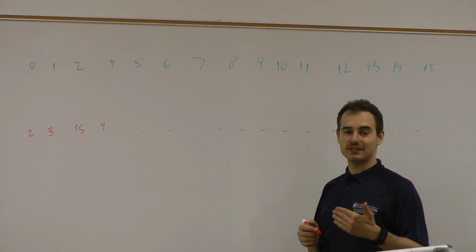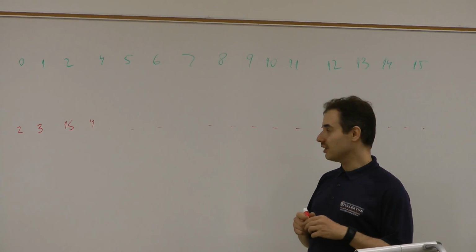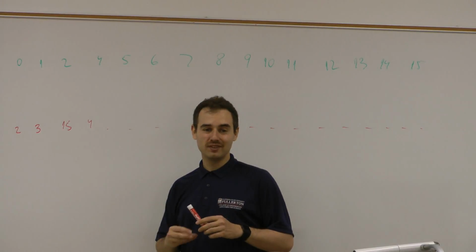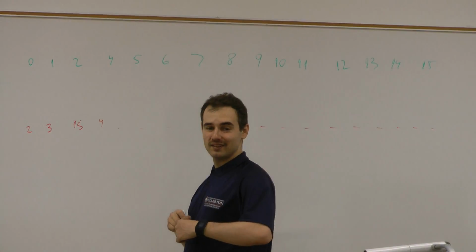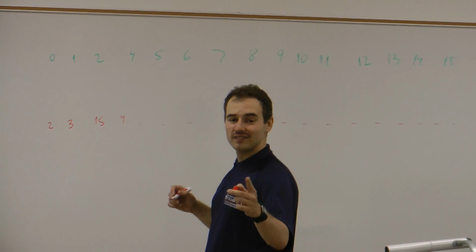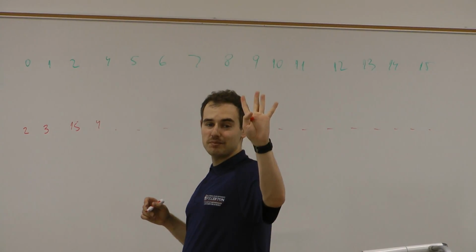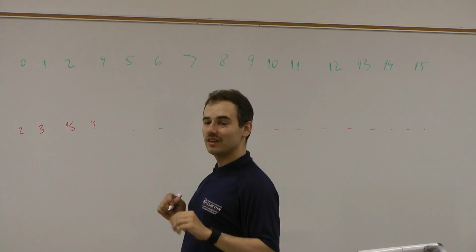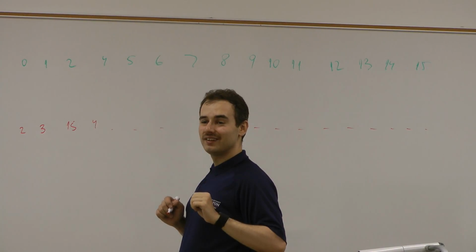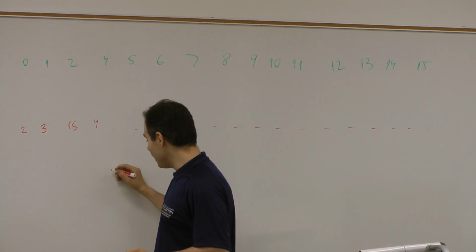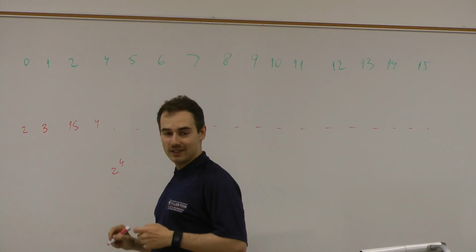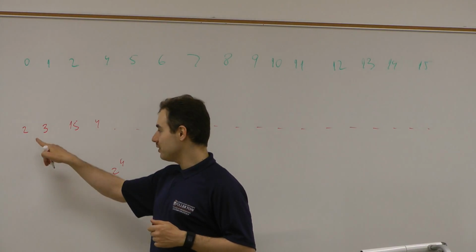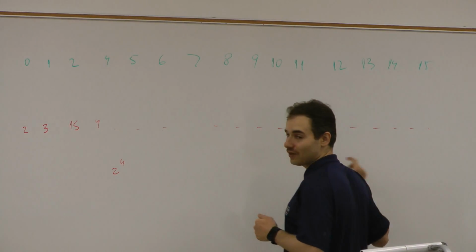How many different blocks can I have? It's 16, right? 2 to the 4 gives me 16. So this is how many different blocks I will have.